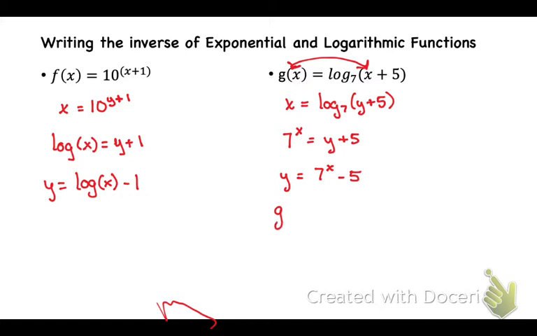Now if I want to write it in function notation, it's g to the negative first, right? Inverse of g equals 7 to the x minus 5. And the one over here would be f inverse of x equals log of x minus 1. That's just written in function notation.